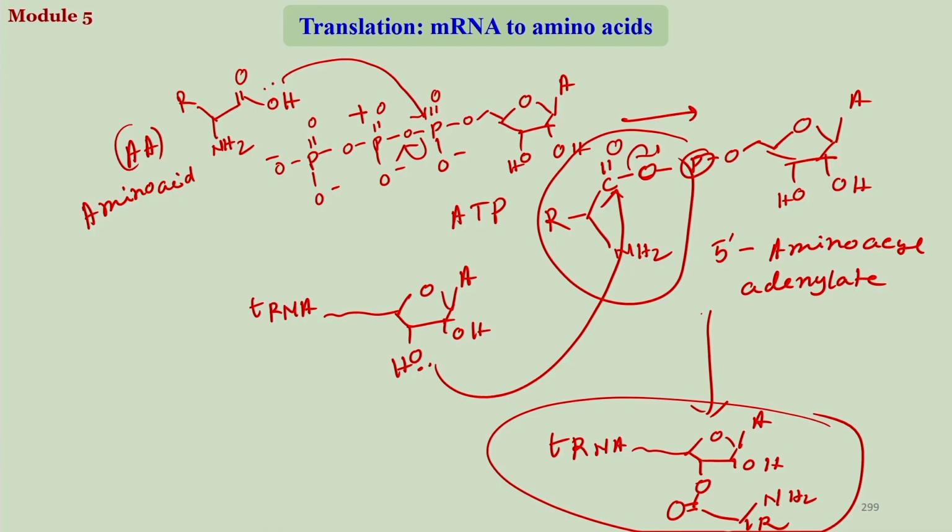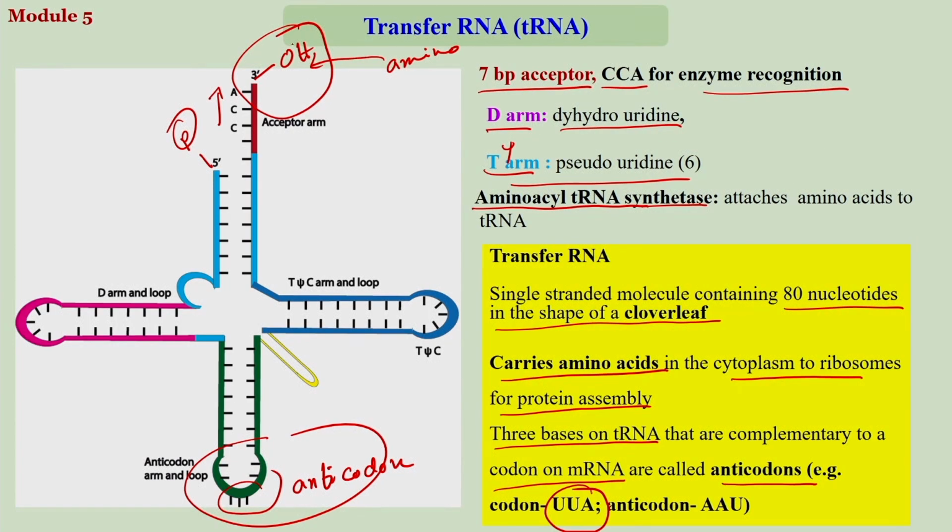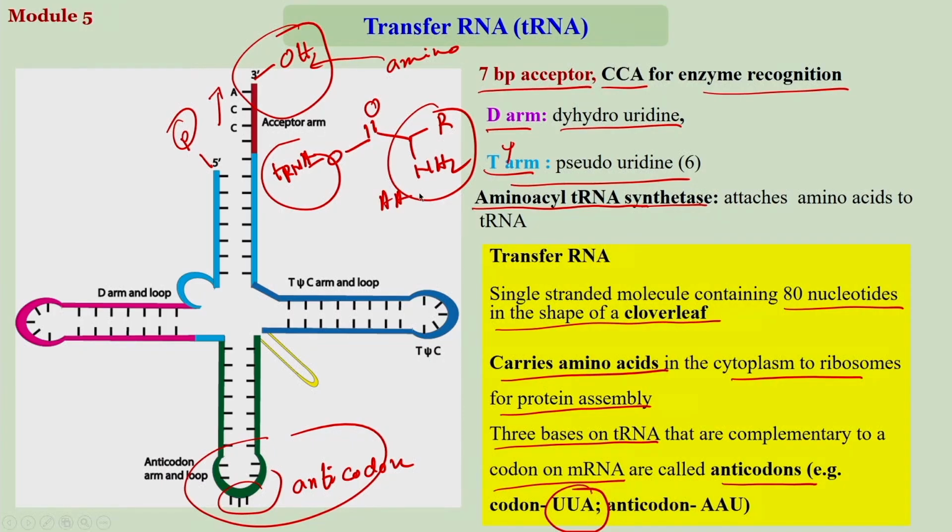This OH would be attached like this, and this is the whole of this tRNA. That is how the amino acids, which we call AA, would be attached with a tRNA.